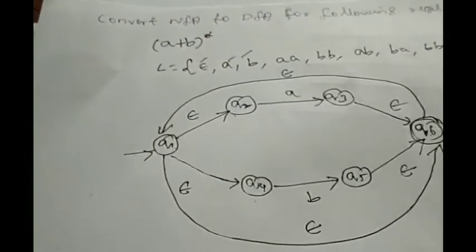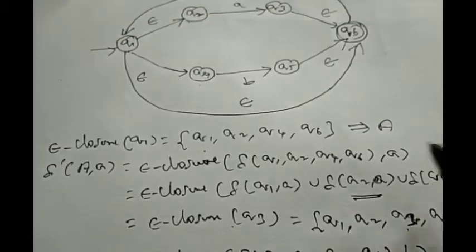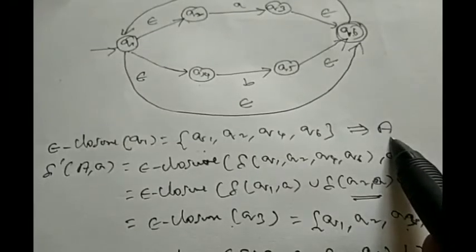Automatically A becomes the initial state. Why? What is the initial state in the original diagram? Q1 is the initial state, where Q1 exists in A, so the first state A will become the initial state. But what is the final state here?